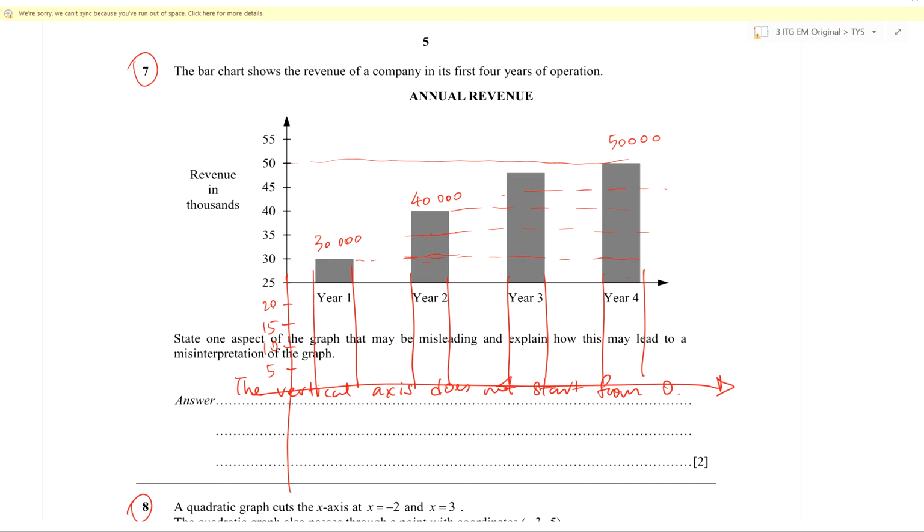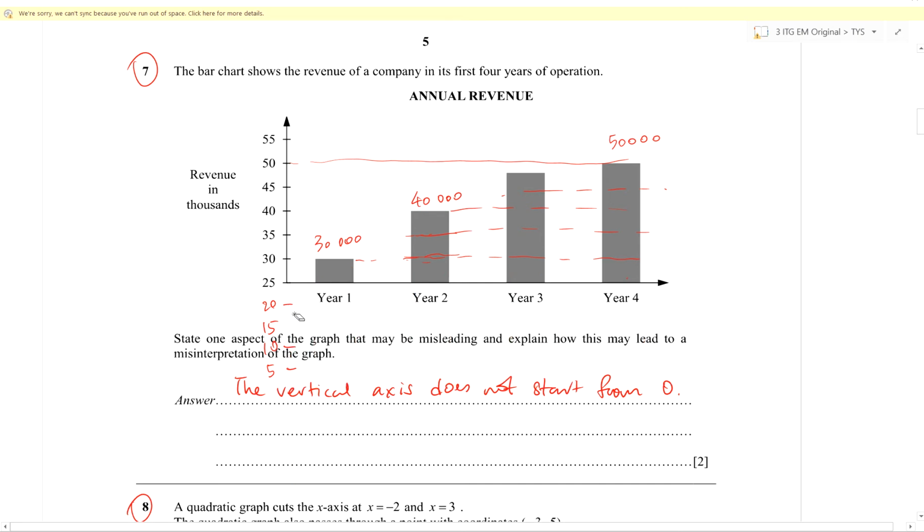How did this happen? Because of the effect of not starting from 0. It caused the difference between year 2 and year 1 to be greatly exaggerated. So that is how it leads to a misinterpretation. Okay, how do we put it down in words? We say, yes, correct, the vertical axis does not start from 0.